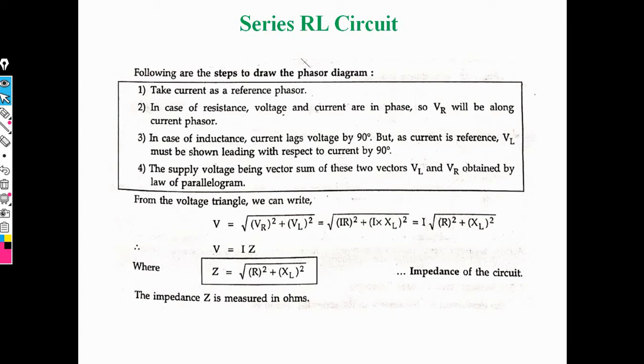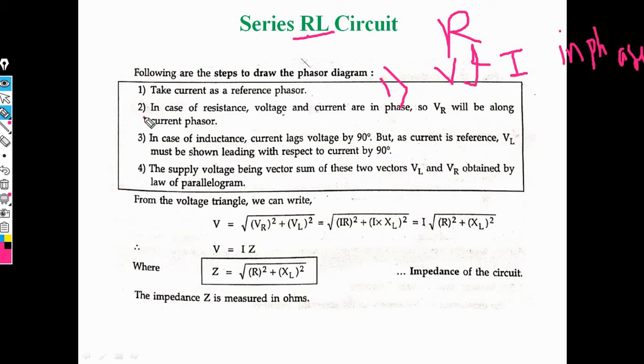In a resistance, the voltage and current are in phase, but in inductance there are two concepts. First, in a resistance circuit, the voltage and current are in phase.